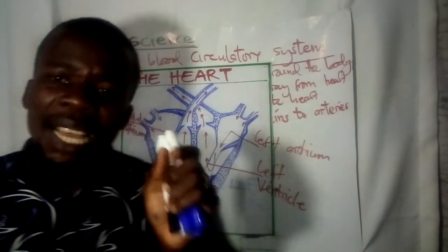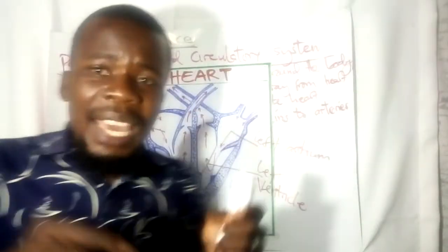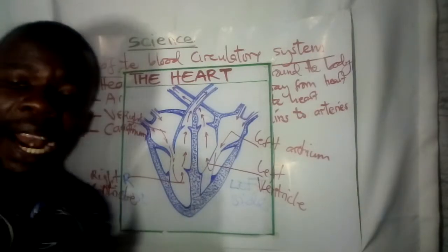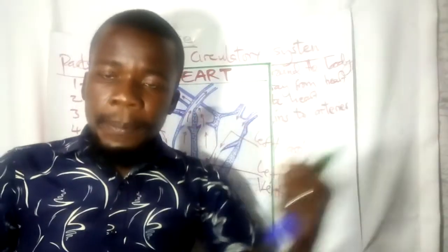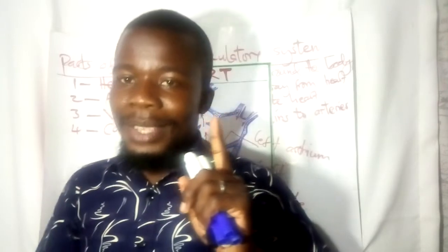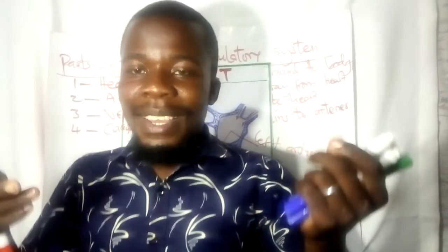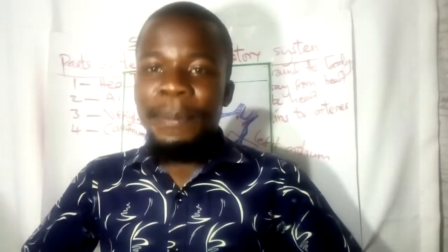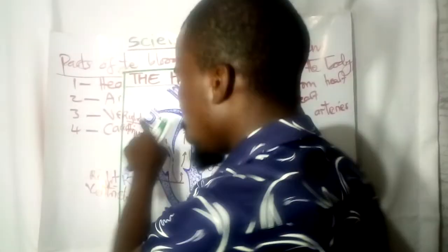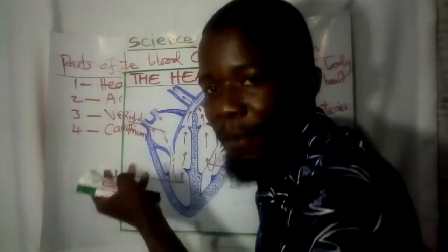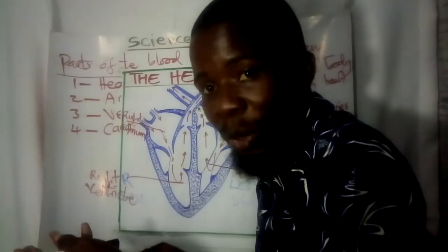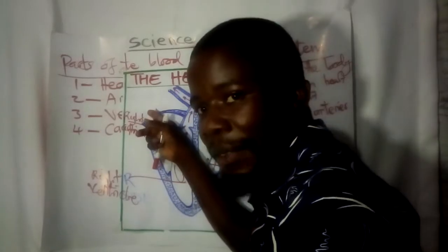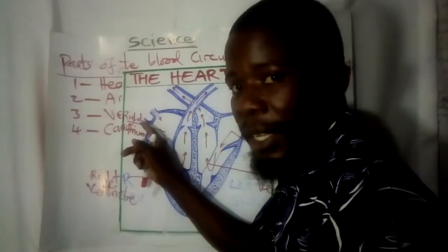So the blood that comes from all parts of the body enters the heart through these channels, and they are vena cava. One is pronounced vena cava. Two or more are vena cavae. So we have got the anterior vena cava and the posterior vena cava.